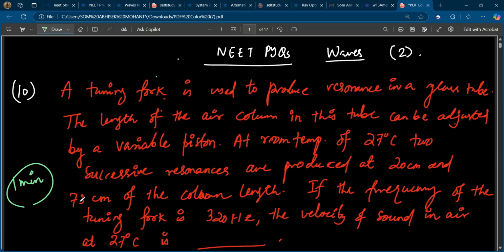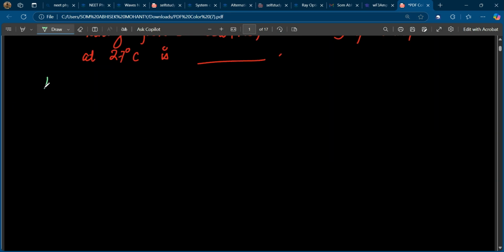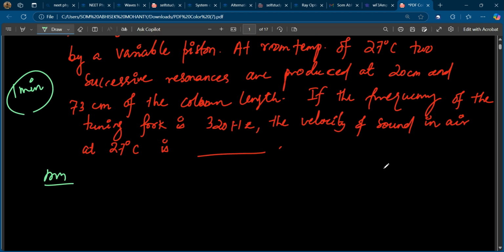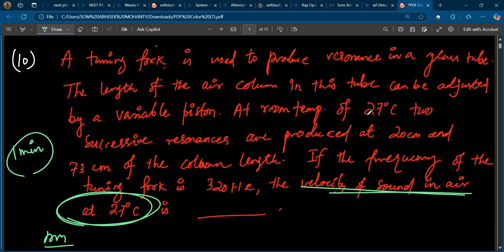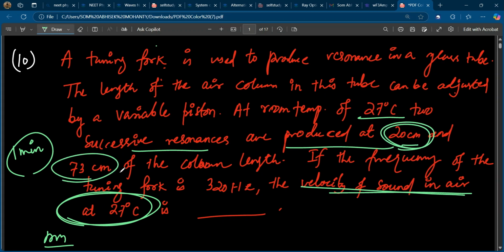Okay, let me solve it. Velocity of sound in air at 27 degrees Celsius is asked. What is given? Room temperature 27 degrees Celsius. Two successive resonances are produced at 20 centimeter and 73 centimeter of the column length.